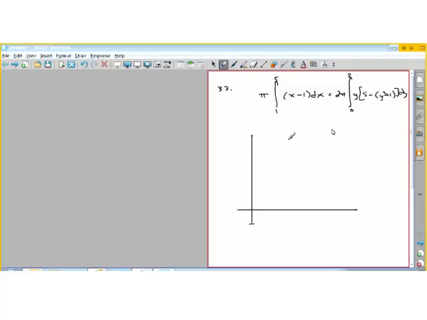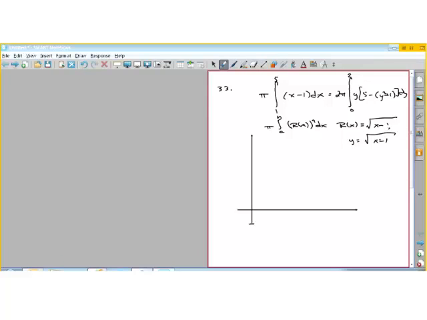Okay, so what this is saying, if this were pi times the integral from a to b of r of x squared dx, that would mean that r of x is equal to the square root of that quantity, or y is equal to the square root of x minus 1.